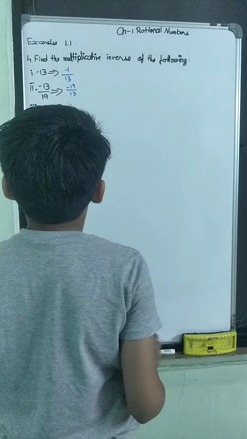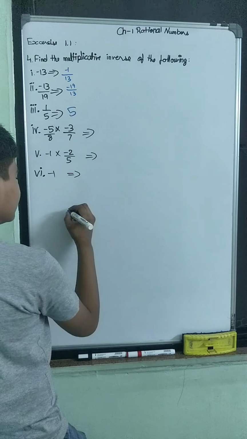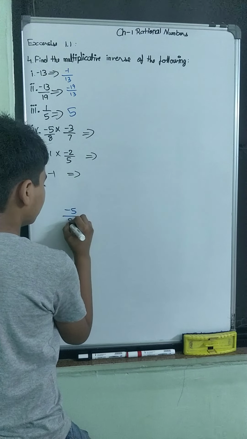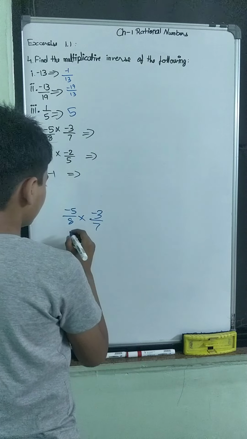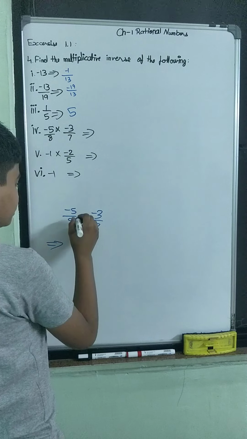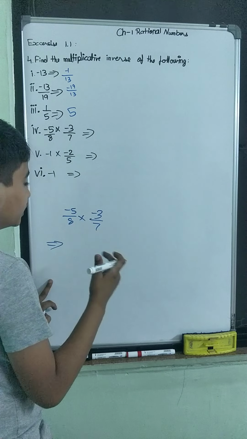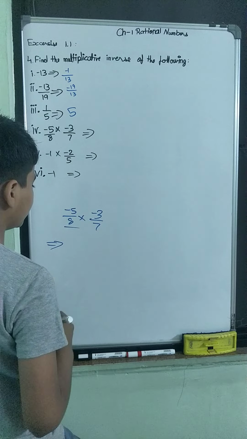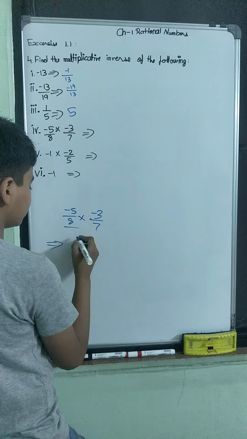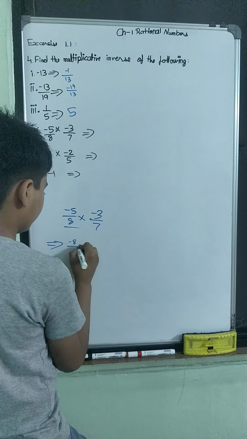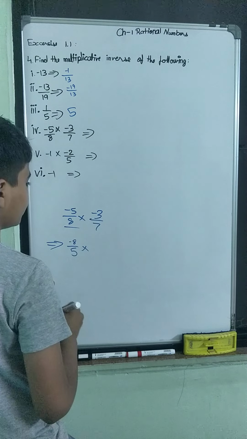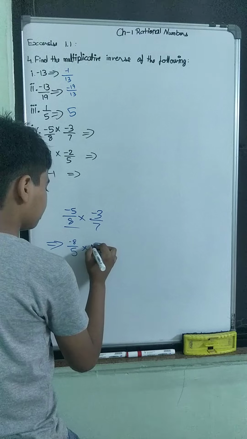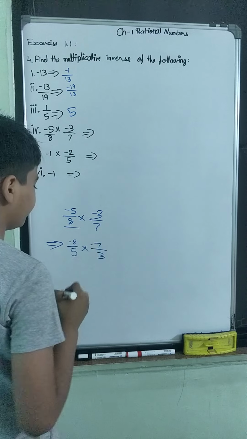Okay. Now the next question, minus 5 by 8 multiplied by minus 3 by 7. So first we will just take the reciprocal of these one by one. First of all, minus 5 by 8, change the positions of the real numbers, minus 8 by 5, multiplied by, again change the positions, minus 7 by 3.